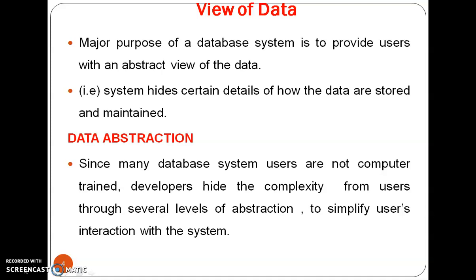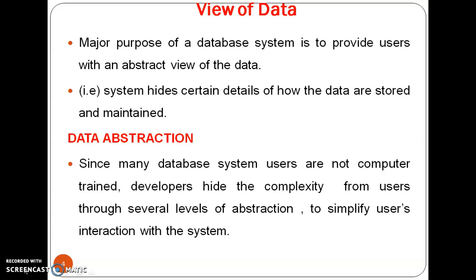So what is the main purpose of a database management system? It is to provide the users with an abstract view of the data. That is, hiding certain details from the user, that is, hiding the details of implementation and how the data is stored and maintained.